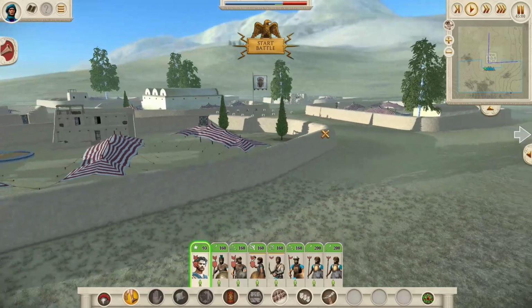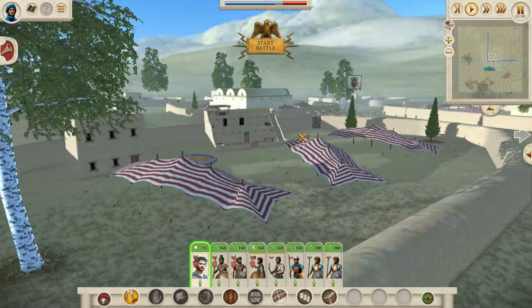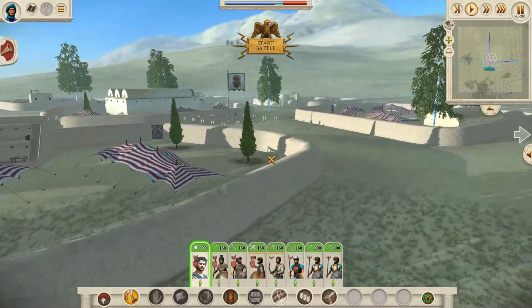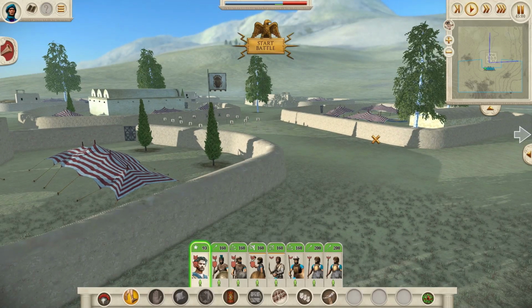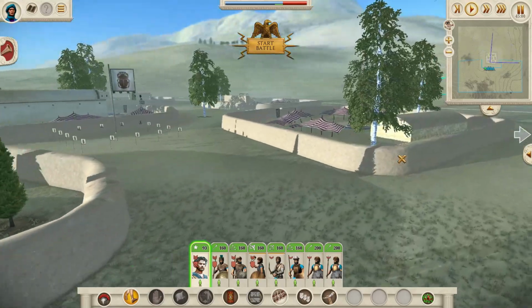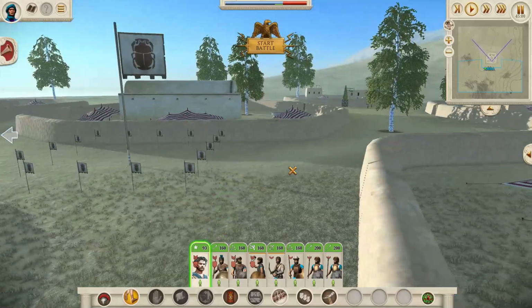So I will talk a little bit about cultures and things like that, but in Rome Remastered, there are so many more things you can do. And one other thing you can do is, since Hebrew culture is now its own thing, in addition to adding the Kingdom of Israel faction, there's a unique Hebrew culture. So all of these buildings are actually unique to the Hebrew culture.